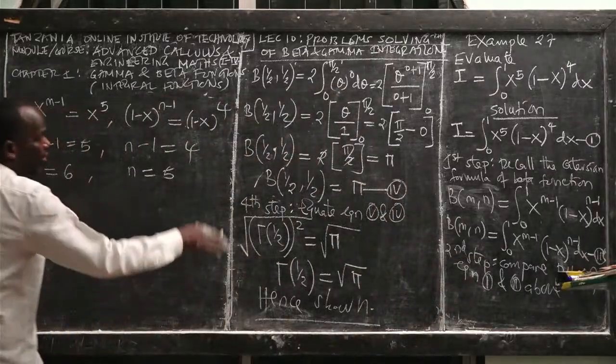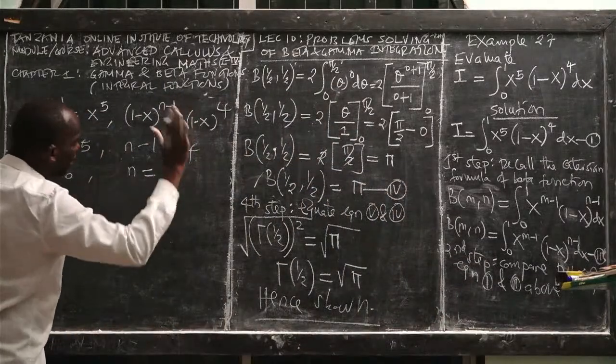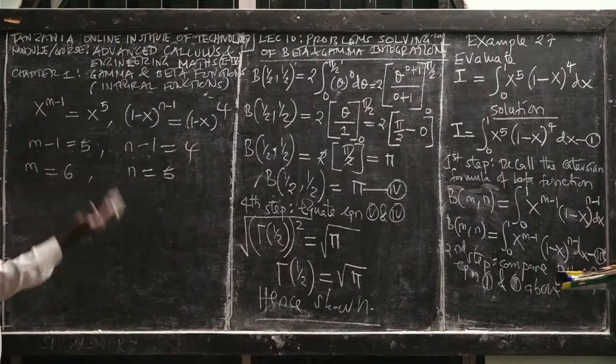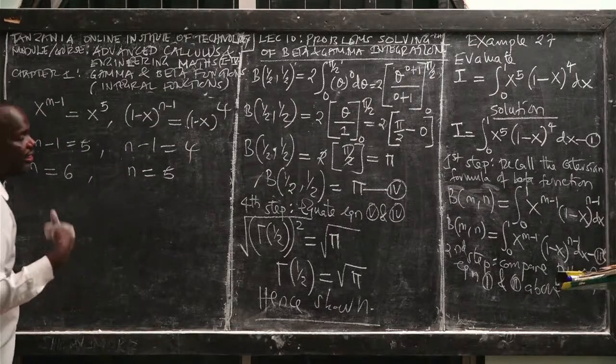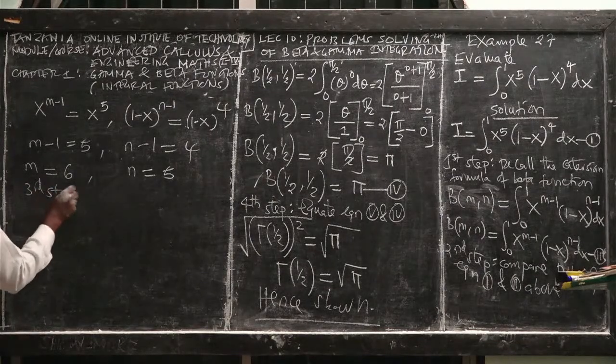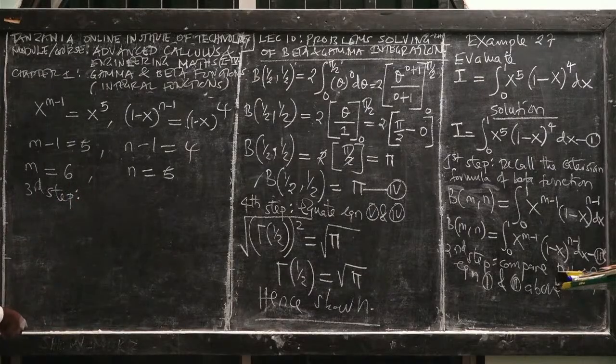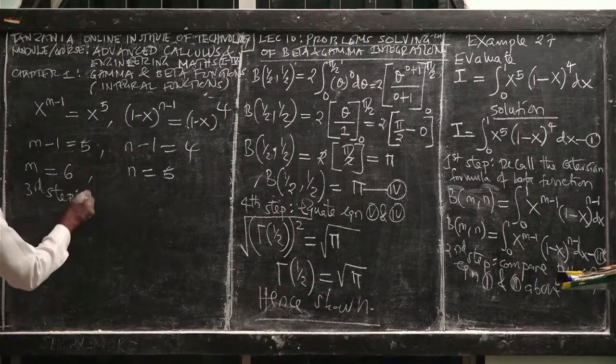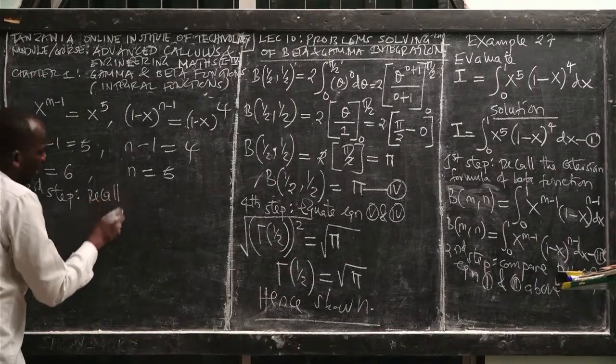Second step, so we are done with the integral. We don't have any integral now. We have a normal algebraic equation. So third step, to find beta of m comma n, or beta of 6 comma 5, we have to recall the second formula.